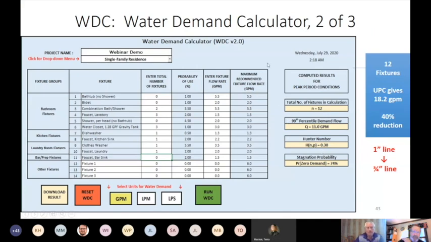And when I grind through the water demand calculator, I've got a 99th percentile, in this case, of about 11 gallons per minute and a Hunter number of 0.3 and so forth. Now if we use the Uniform Plumbing Code, UPC, for this example, it would push us out to about 18 gallons a minute. But in this case, looking at the 99th percentile, we're down at about 11 GPM.